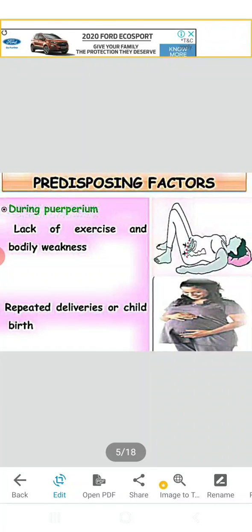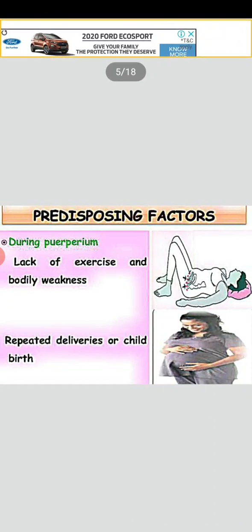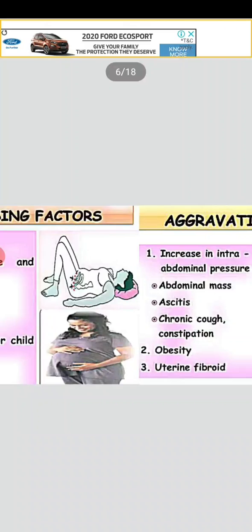Then in the puerperium, lack of exercise and bodily weakness, that is, loss of muscle tone and laxity of the uterine muscles. Also repeated deliveries, the elderly multigravida with more than 4 deliveries, causing loss of the normal tonicity of the muscles.